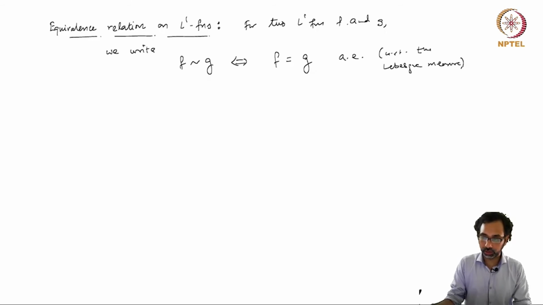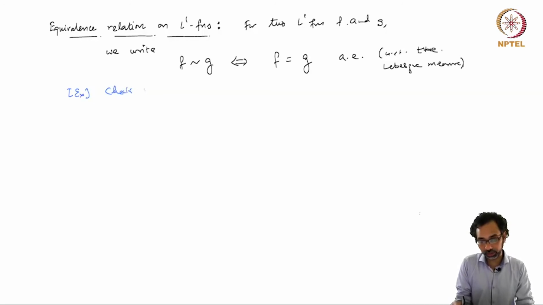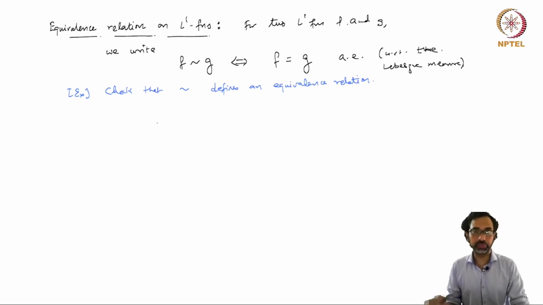So we are still on R^d, and with this equivalence, first of all one has to check that this is an equivalence relation. It's quite easy to check that this defines an equivalence relation. It's almost immediate from the definition of the relation.